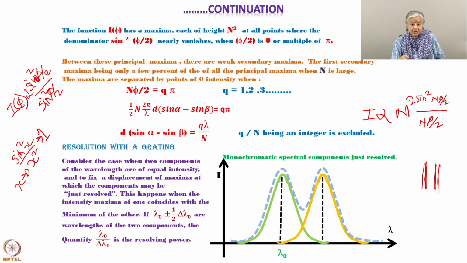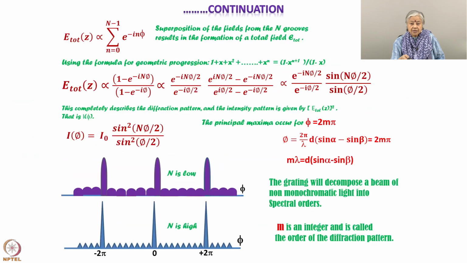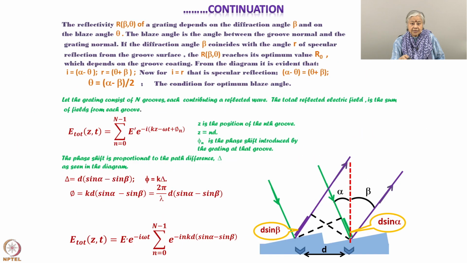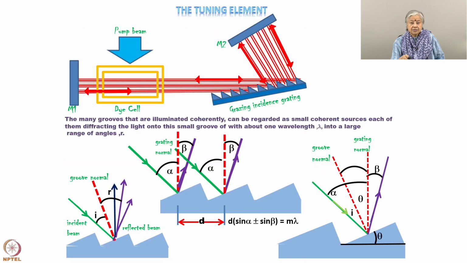So that is why, if you just recollect the design of a dye laser, this was the grazing incidence, it is called. This is the grating and this is the beam that is coming here. Grazing incidence means the light is just grazing the grating lines.